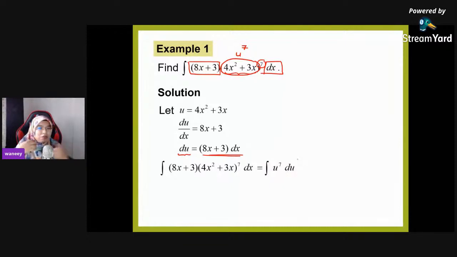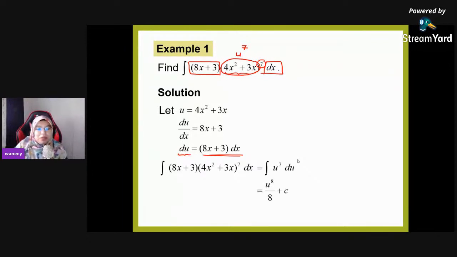So instead of looking at it like, oh my god, this is so hard to integrate, suddenly it becomes something very easy to integrate: u^7 du. For this one, we can use the power rule. Add 1 to the power, divide by the new power, and then plus c.